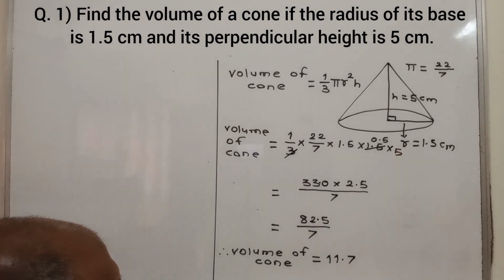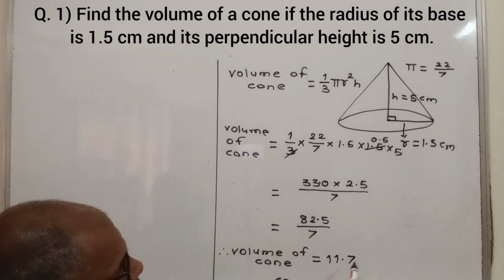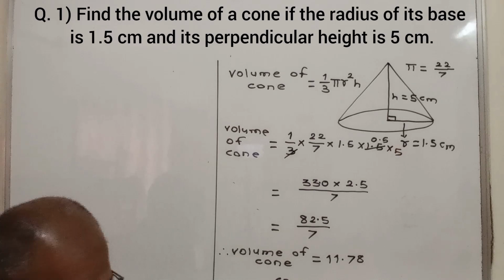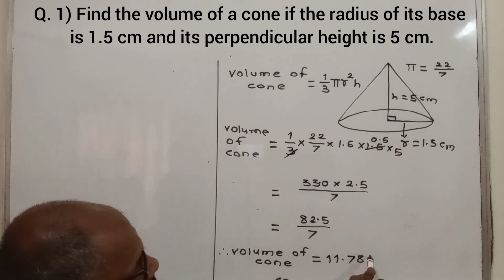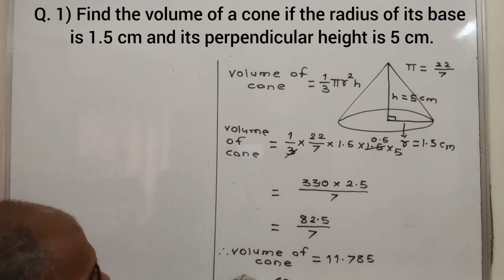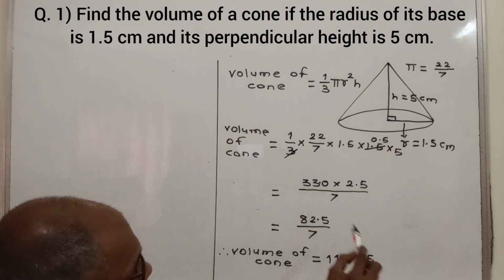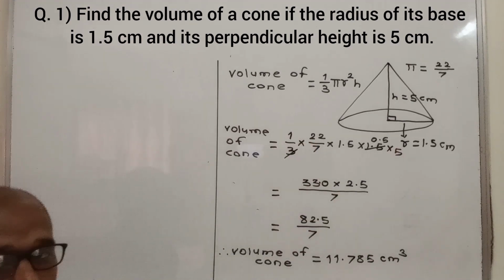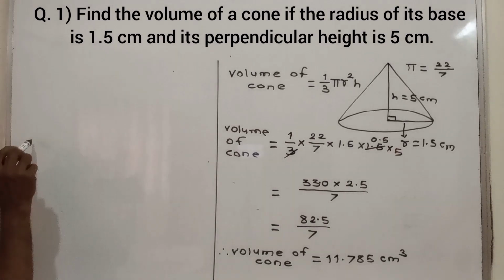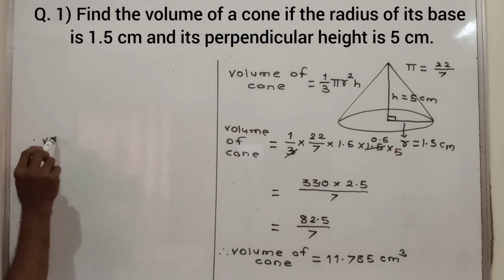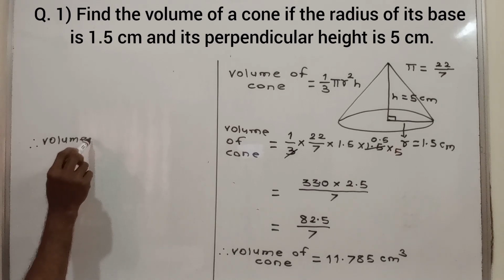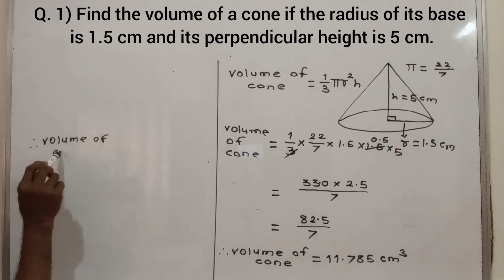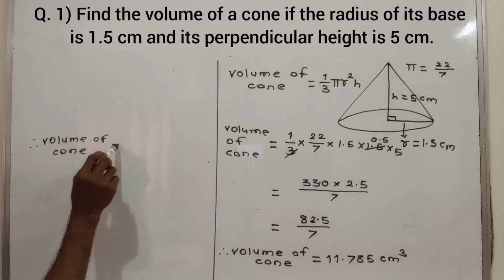Okay, means left 6. Then 7 8s are 56. Then left 4 and 7 5s are. Did you get it? This is the volume, in centimeter cube. Okay. Therefore, finally we write volume of cone.